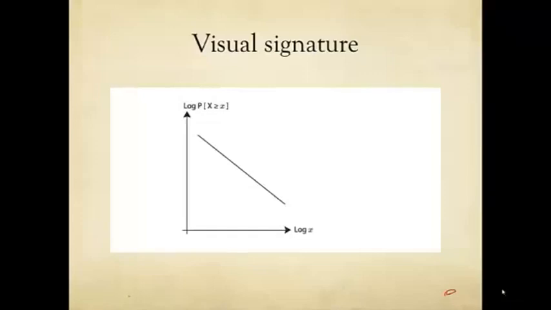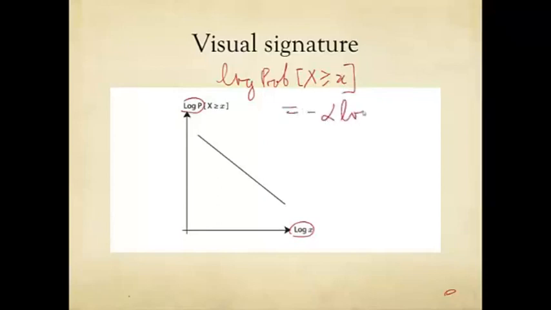The visual signature of Pareto distribution is a straight line in the log-log plot of the tail distribution, because we can easily see that the log of the tail distribution, the log of the probability that a Pareto distributed random variable is greater than a fixed number x, equals minus alpha log of x plus alpha times log of k.